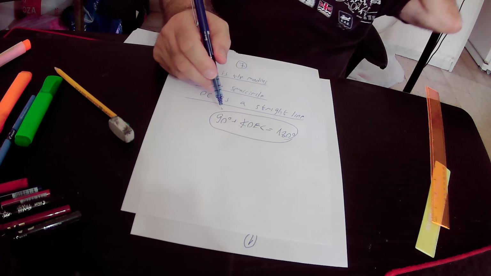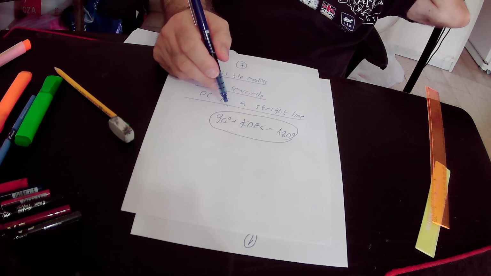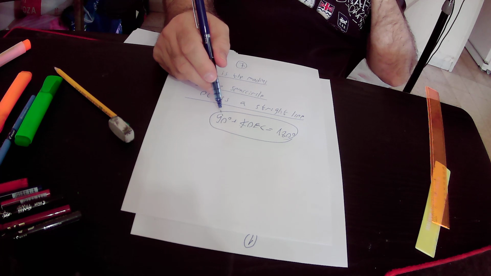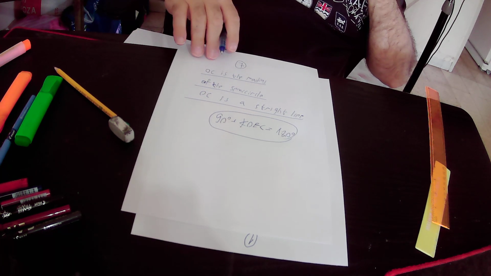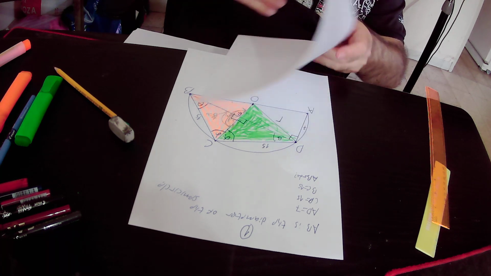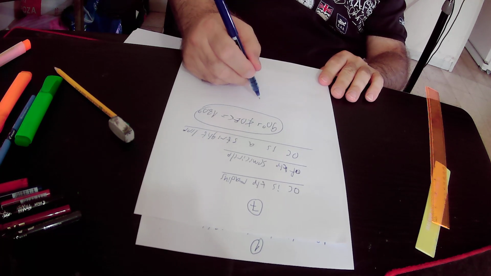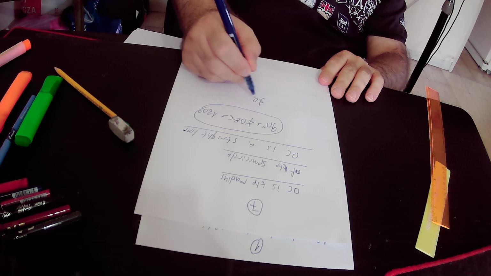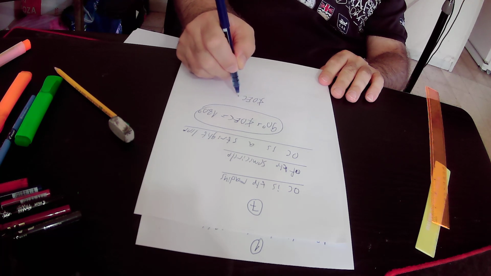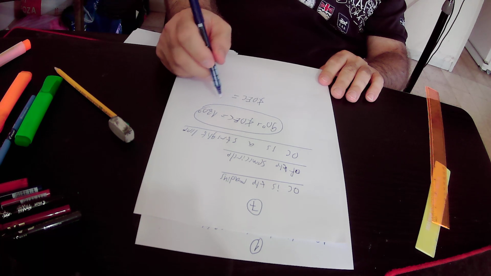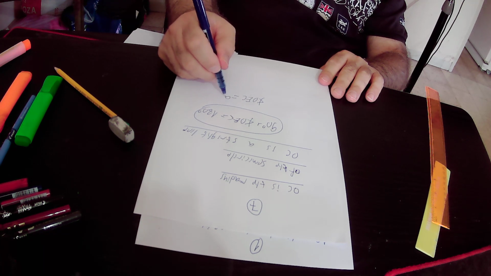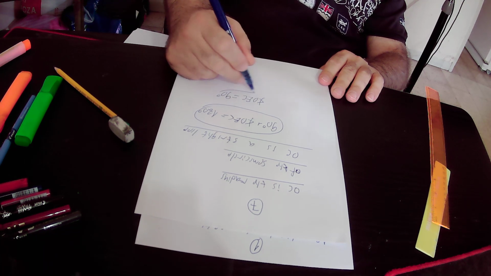So from this equality we can subtract 90 degrees, and we will get the value of angle OEC. Angle OEC will be equal to 180 degrees minus 90 degrees. It will be equal to 90 degrees.